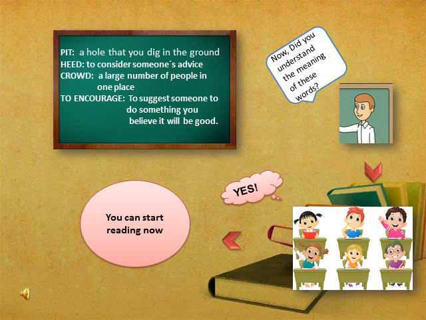So before doing the task, the teacher explains the meaning of the words, which are needed for students to understand the text fully. Then, the teacher can ask, "Now, did you understand the meaning of these words?" If the students' answer is yes, then the teacher can say, "You can start reading now."